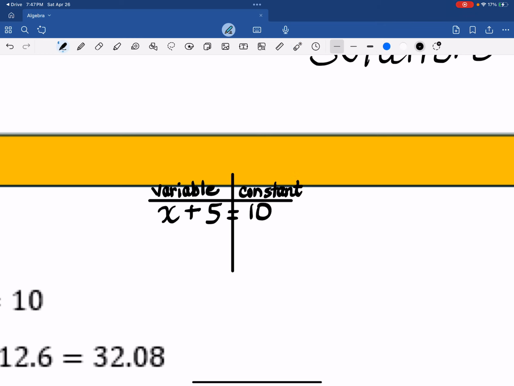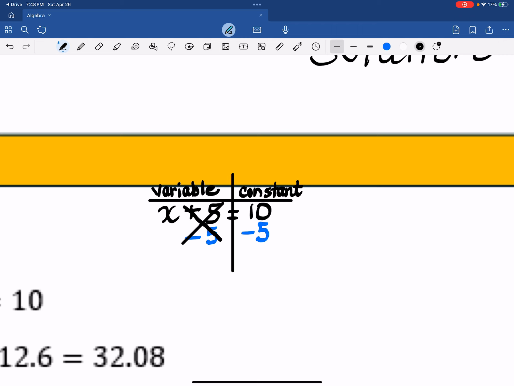So how do the golden rules tell us to move terms? It says that you move using inverse. So the inverse of plus 5 is minus 5. And it says if you do it to one side, you have to do it to the other side. And here's what makes this work. These two terms cancel.